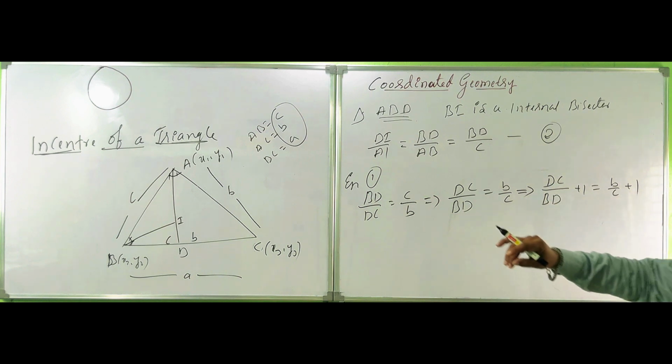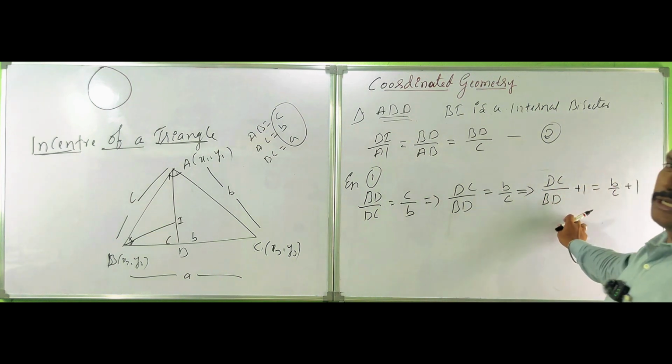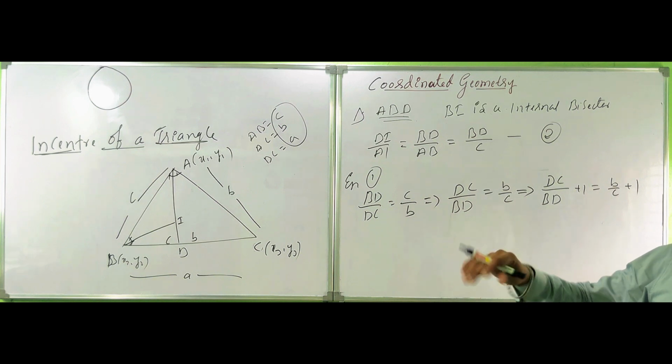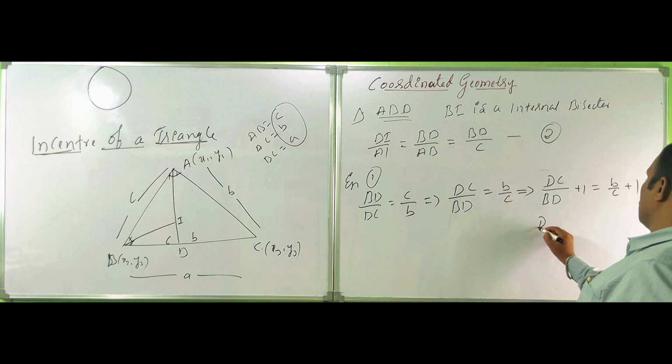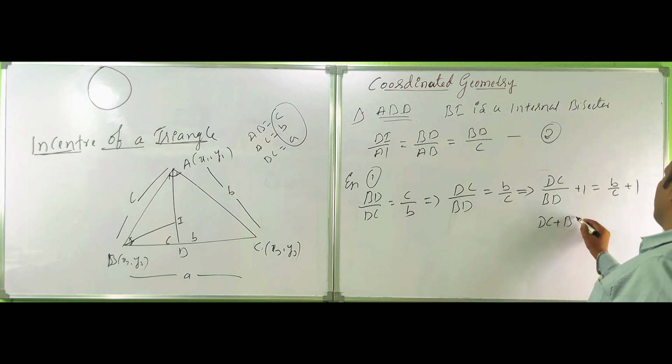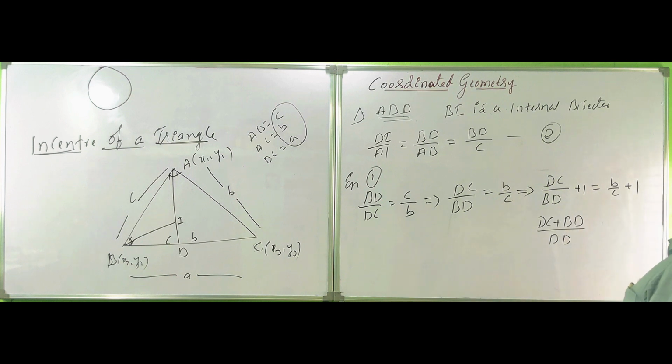In this derivation, this is quite an assumption only; the remaining parts are easy. So this becomes (DC + BD) divided by BD, which is (b + c) divided by c. What is BC?